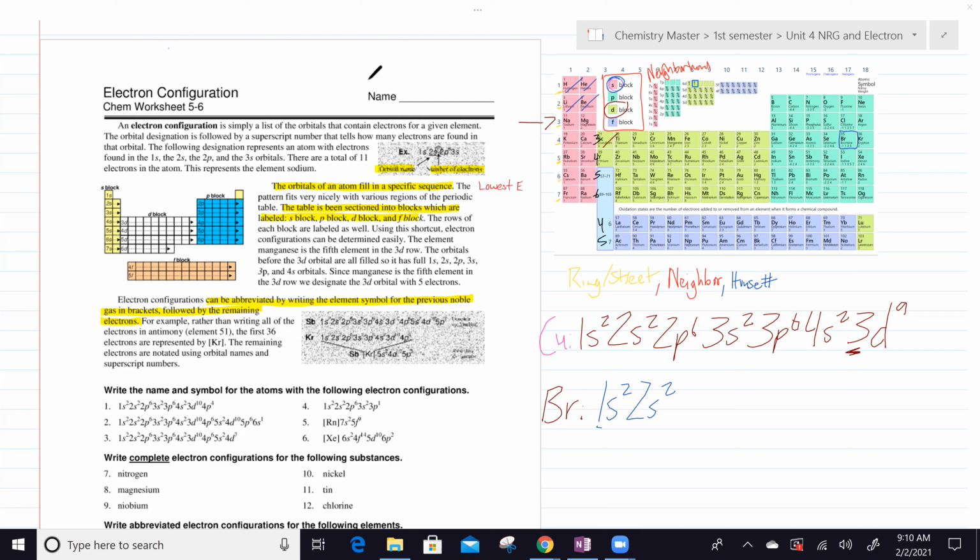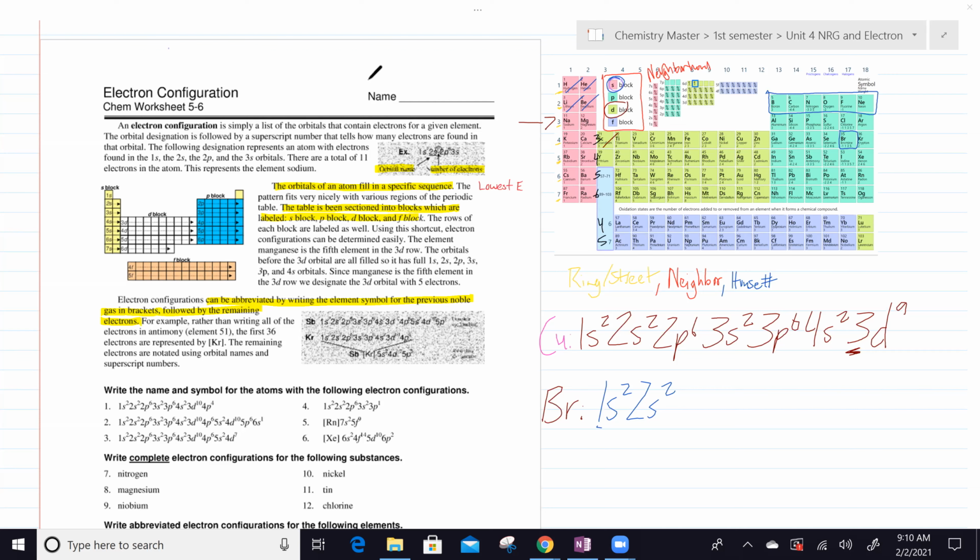Jermaine? I'm lost, so I'm just trying to pay attention. Okay, Jermaine, I need to cover these 6. Can you tell me what street number they live on? What row are they on?